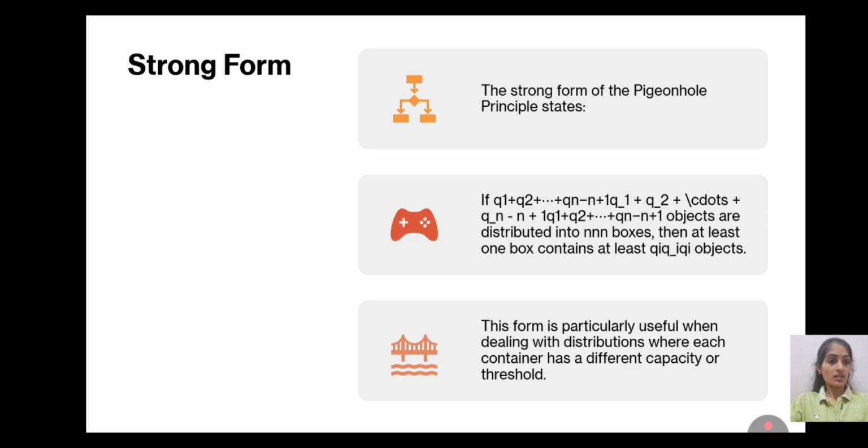Here you can see the formula. This form is particularly useful when dealing with distributions where each container has a different capacity or threshold. This is the statement of the strong form.